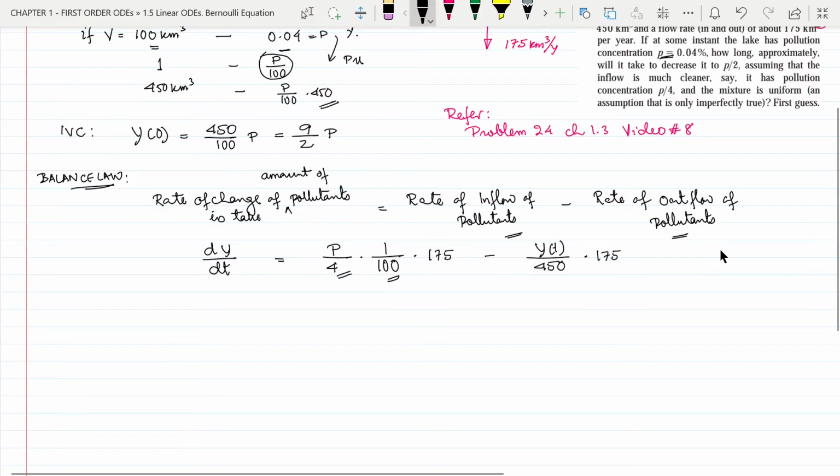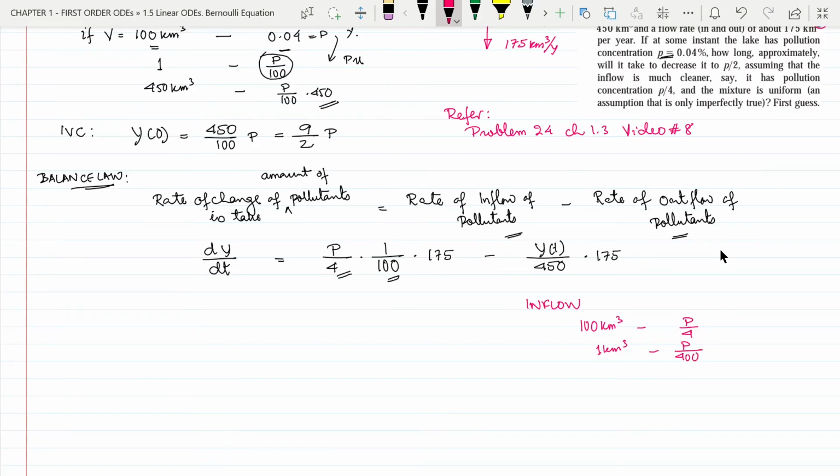Let me describe this again for clarity. For inflow, for 100 km cube volume, the amount of pollution is P by 4. So for 1 km cube, it is P by 400, and for 175 km cube, it would be P by 400 multiplied by 175.